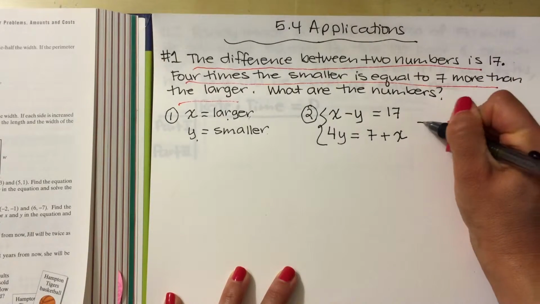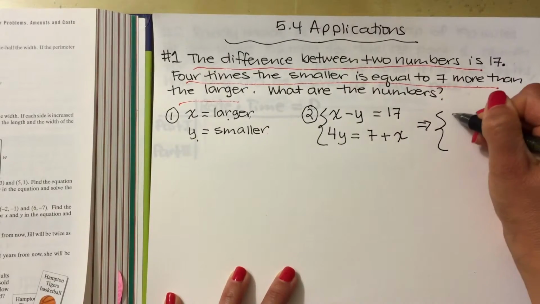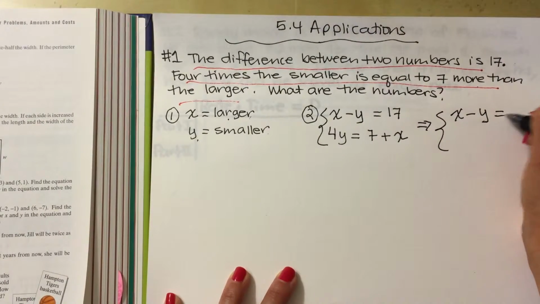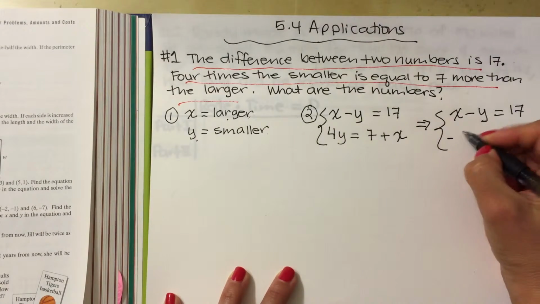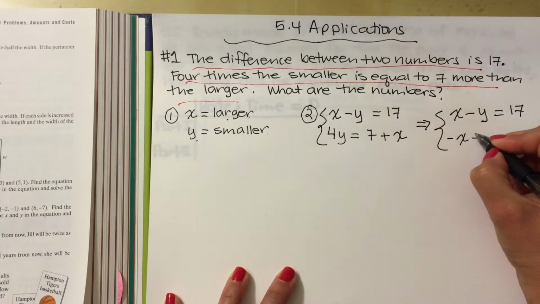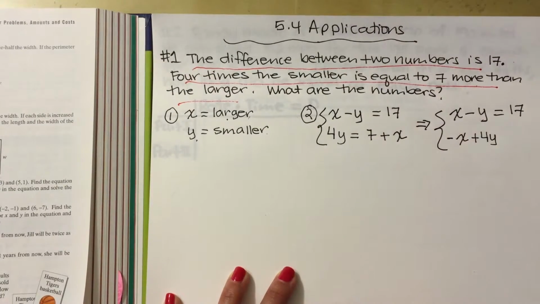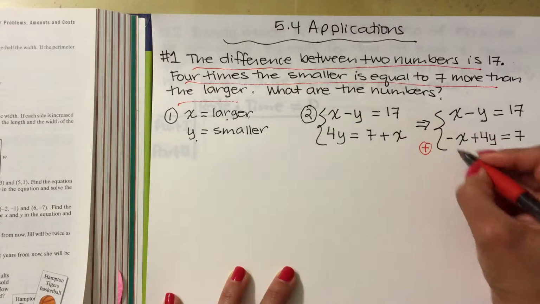So all we're going to do is, again, leave the first equation and then subtract x, which gives me negative x plus 4y is equal to 7. The reason I did this is because I noticed that I would have x and negative x, and that automatically gives me 0, so it eliminates the x's, and it's pretty quick to solve from here.